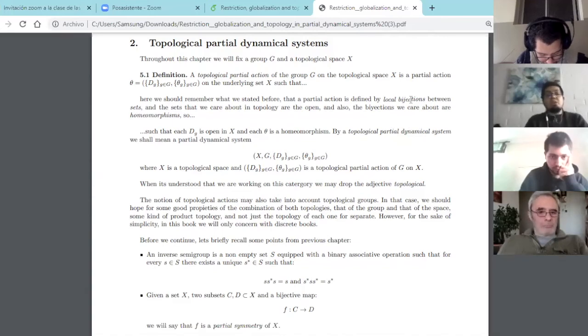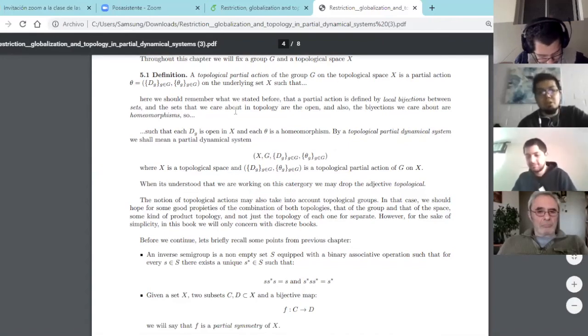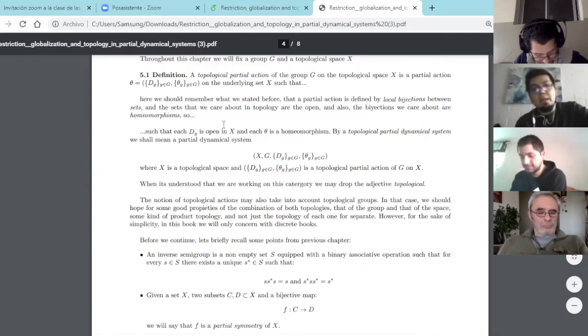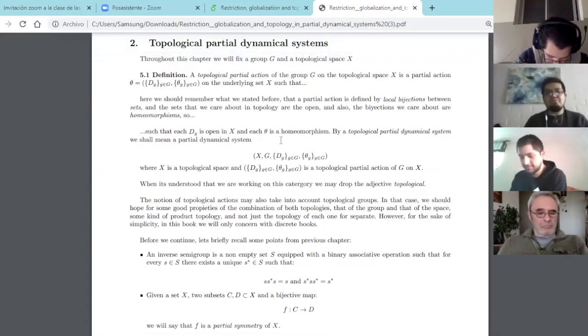So it should be immediate that for such a partial action to be topological, we will ask every domain to be open, and every theta sub g to be a homeomorphism.